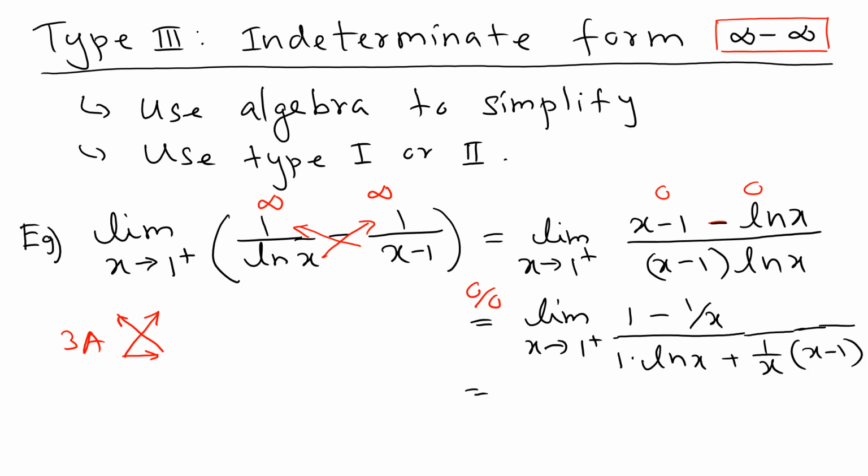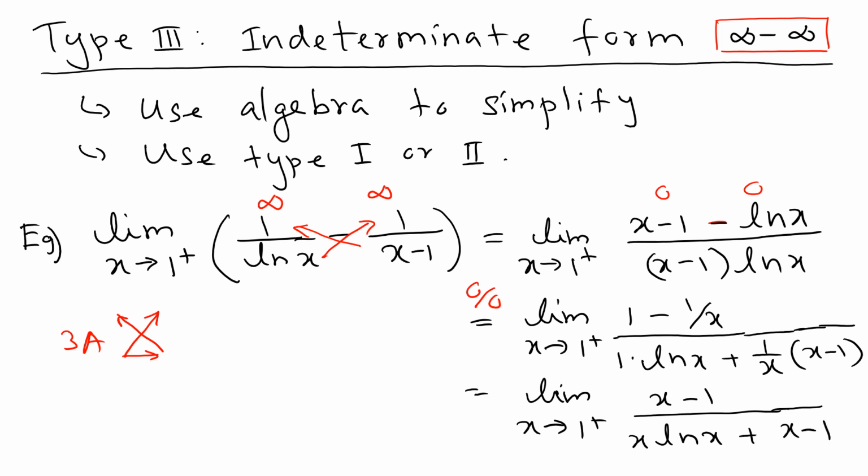And then how do we simplify something like that? The easiest way to simplify this one is to multiply the top and bottom by x. So if you multiply the top and bottom by x, you get the limit as x goes to 1 plus of x minus 1 on the top. The bottom becomes x ln x, and then here you get x minus 1.